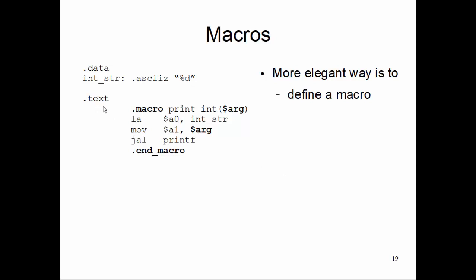So we define an int string, and then under that we define a macro. By the way, just to give you a quick introduction to .data and .text: anything we write after .data is placed in the data segment, as we saw in the object code, and anything after .text is given to the text segment.